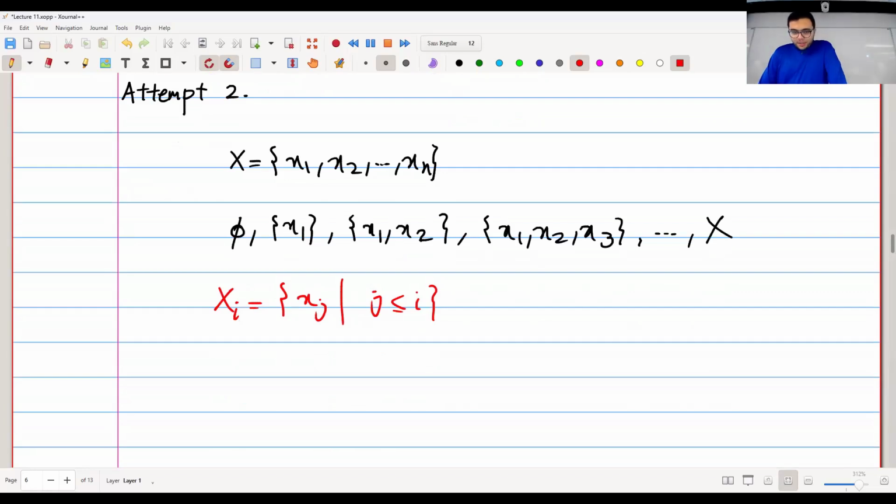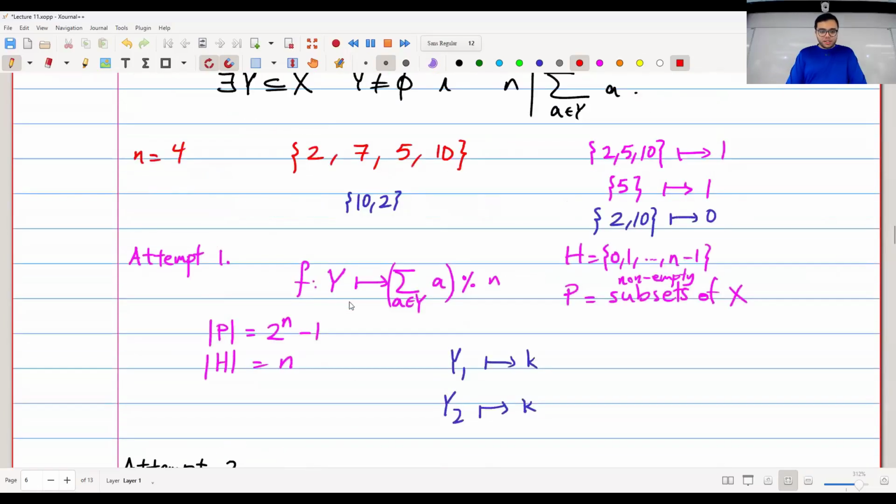But how many pigeons do I have right now? I have n plus 1, which is great. So I have n plus 1 pigeons, and I'm going to use the same function as before that maps every subset to the sum of the values in that subset modulo n.